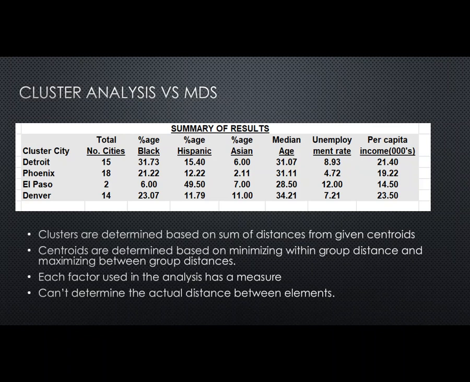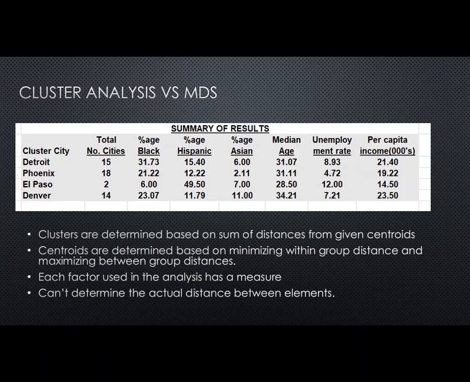So I think we started off with 50 cities, and we wanted to see which cities were similar to each other on these various demographic factors. So we have percentage of age, percentage of Hispanic, and so forth. And you can see that the 4 centroids that were pulled out in the analysis were Detroit, Phoenix, El Paso, and Denver. El Paso only has 2 cities as part of its cluster, versus you can see Phoenix has 18.